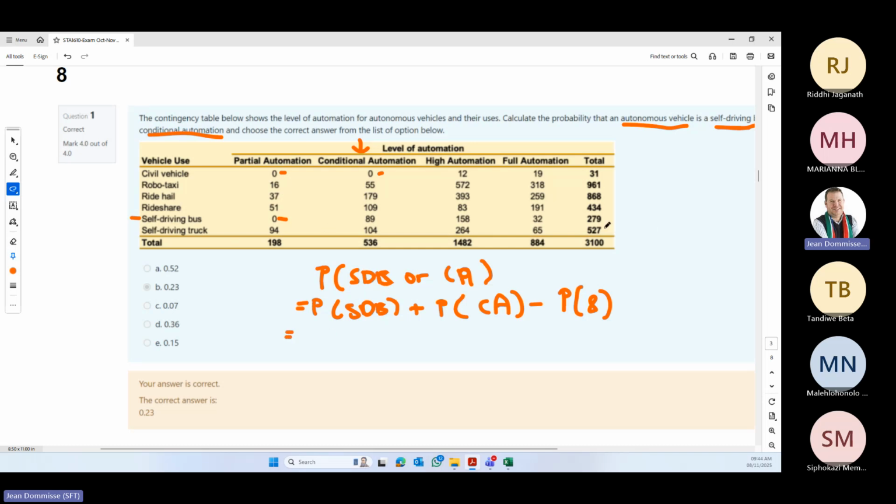Okay, so let's look at self-driving bus: 279 divided by 3100. Let's just work it out, it makes it simpler for later. So 0.09.